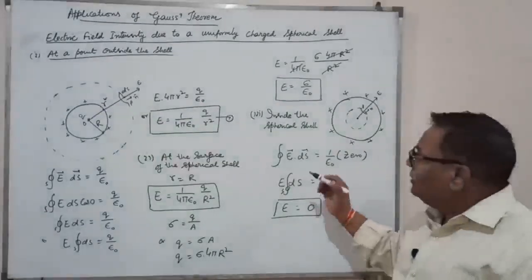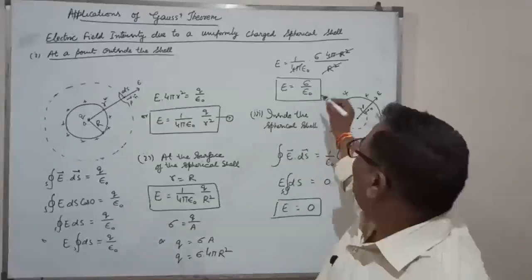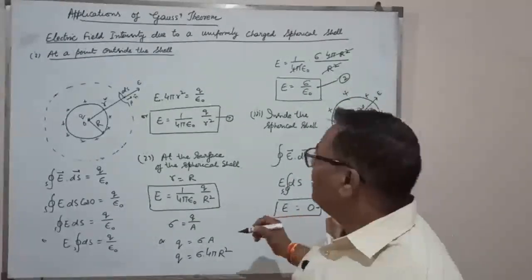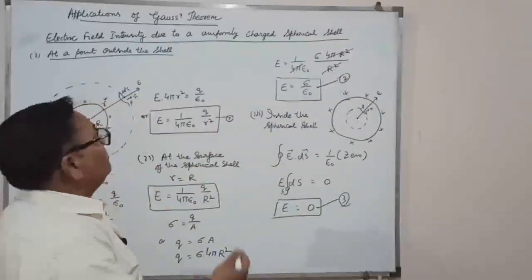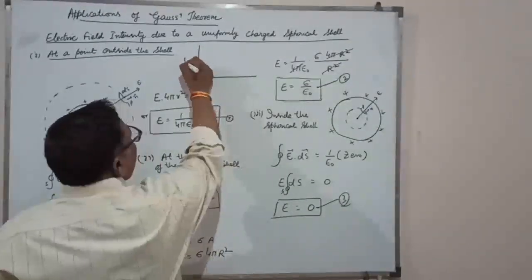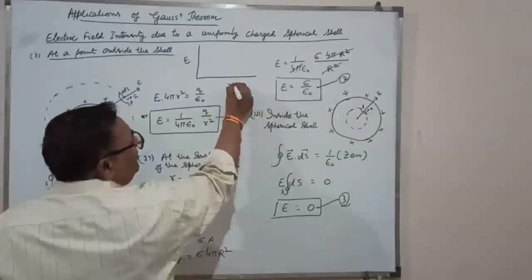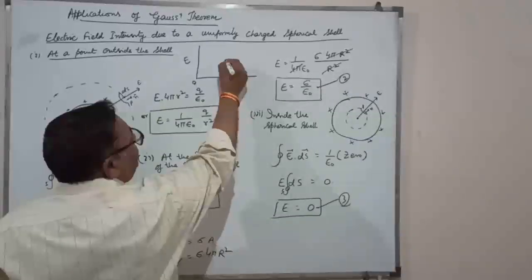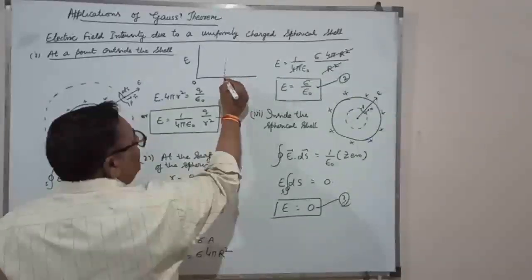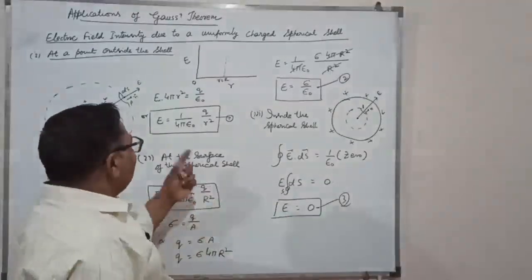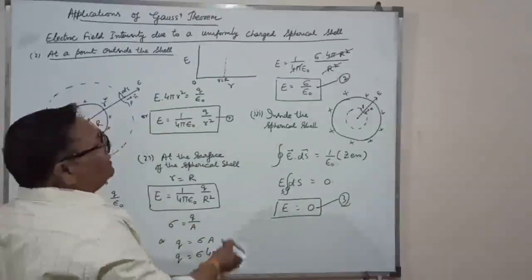If we represent all the three values, this is equation 2 and this is 3, on the graph, then this is electric field intensity, this is R, and inside it is 0, and this is the position R is equal to R, the radius or surface of the shell.